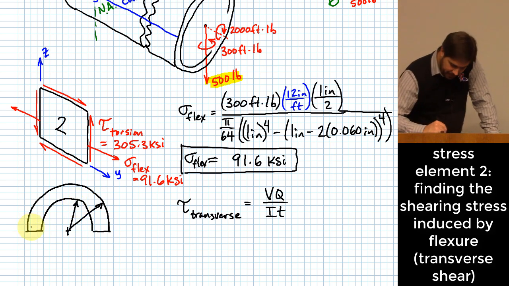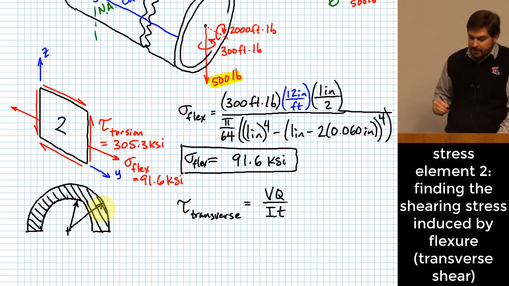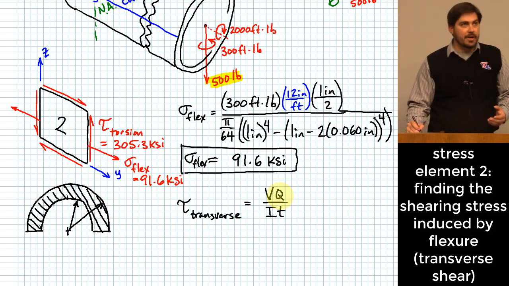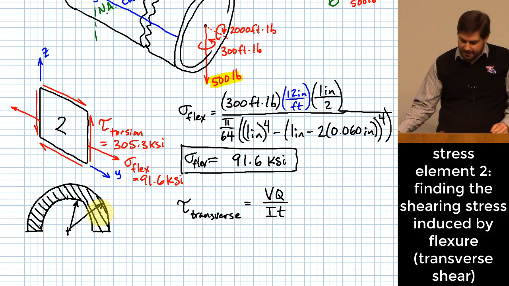Okay? The area that we're talking about is this. Okay? And what we're trying to figure out is what is the first moment of area of that area that I've identified right there.